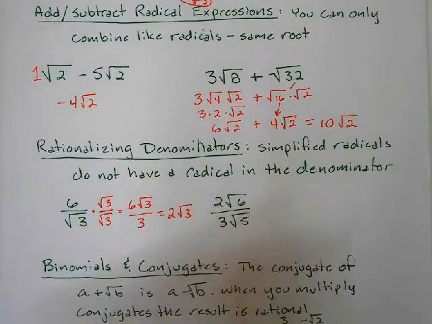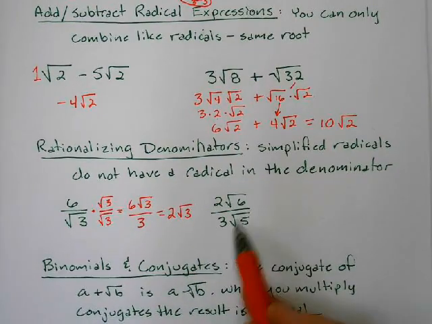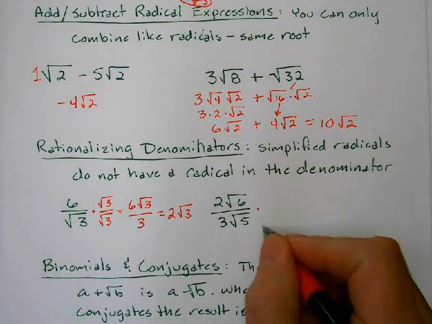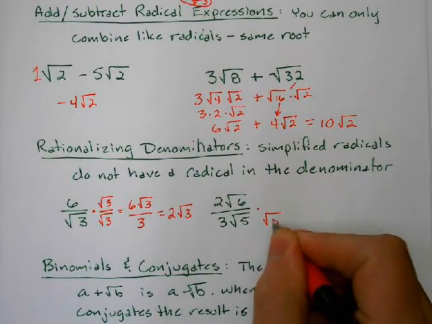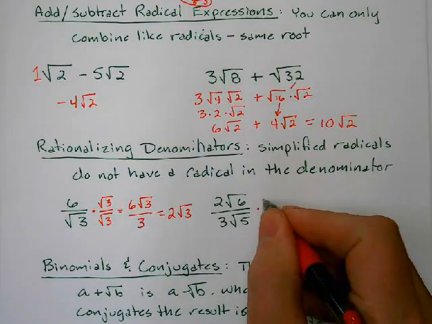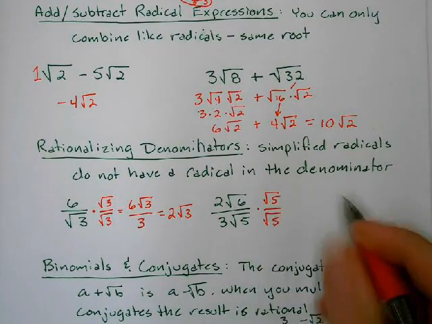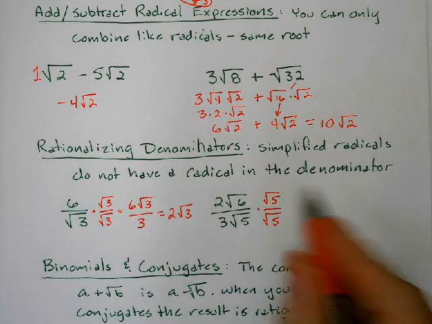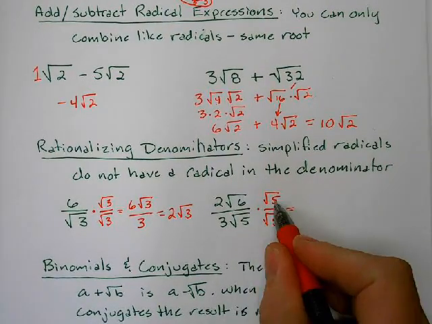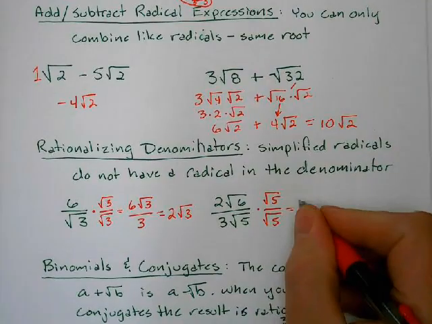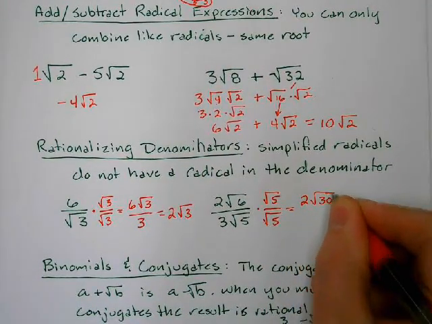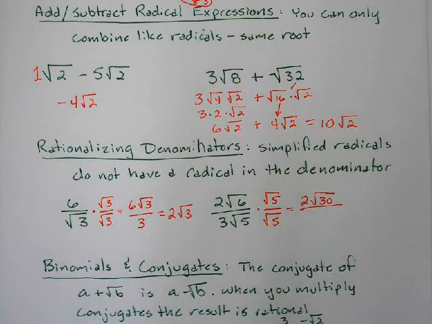Over here, I have a radical in the denominator. That's a no-no. So I multiply by root 5 in the numerator and the denominator. In essence, I'm just multiplying by the number 1, and that's fine to do. Radicals multiply with other radicals. So here I would get 2 root 30. 30 does not have any perfect squares in it, so we're good to go.